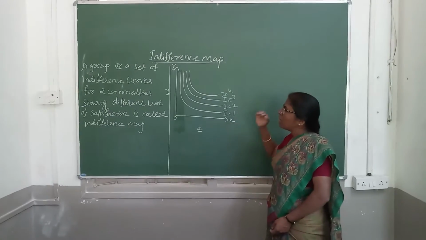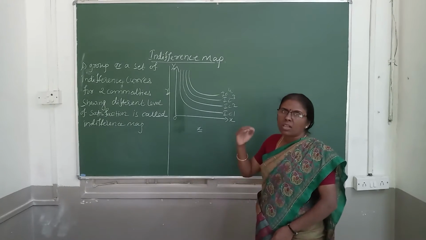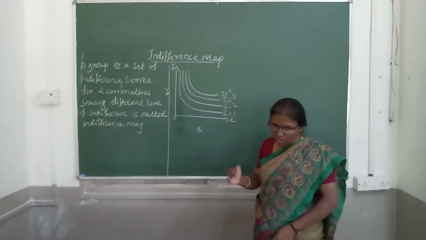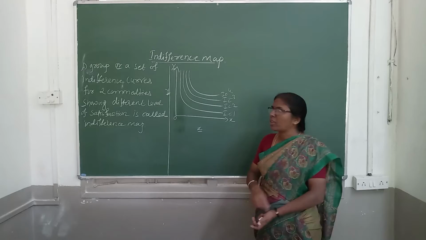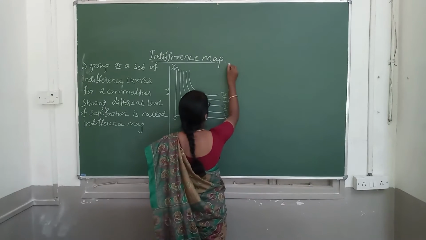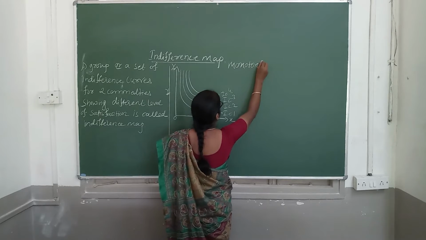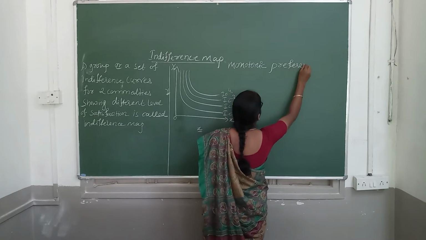It means the consumer always tries to give preference to a higher level of satisfaction, and this is called monotonic preference.